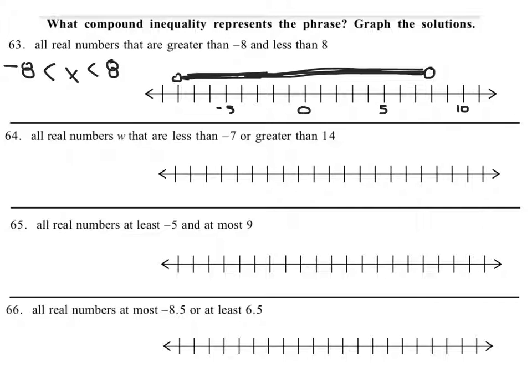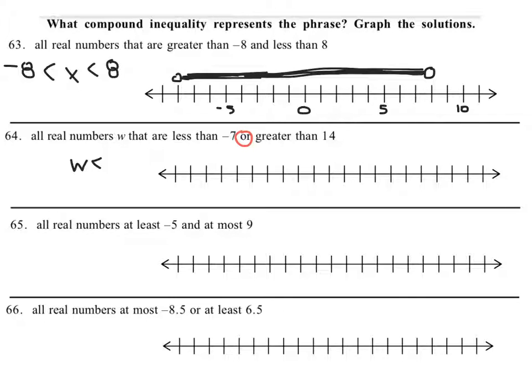Okay, so moving on, we say, okay, all real numbers w. We know what variable we're using now, so we're going to say it's w. And we're talking about values of w that are less than -7, or, and notice this part, or we've got a compound inequality that's written like this.